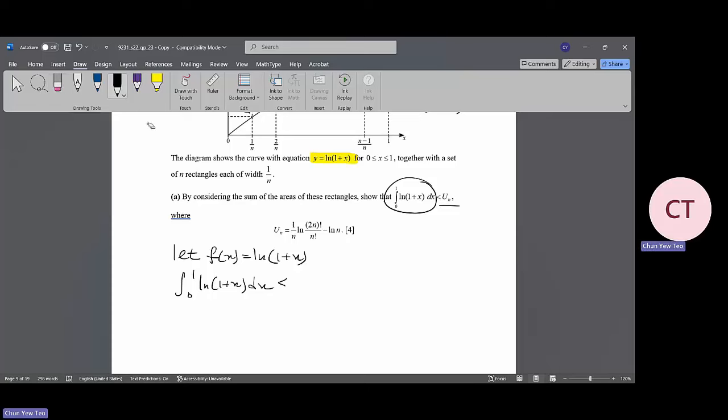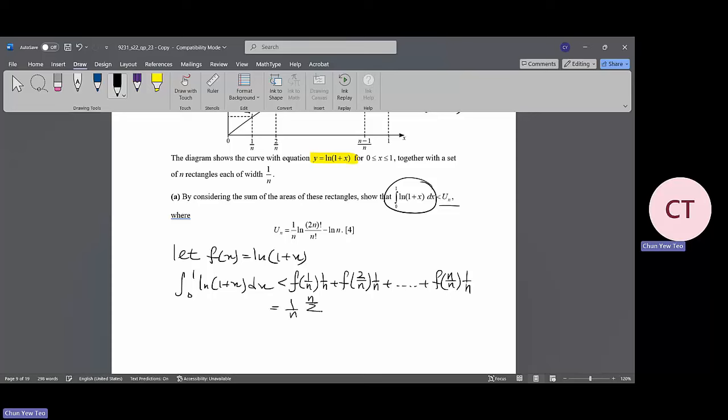So we write f(1/n) multiplied by 1/n, plus f(2/n) multiplied by 1/n, plus until f(n/n) multiplied by 1/n. Factorize the 1/n out.